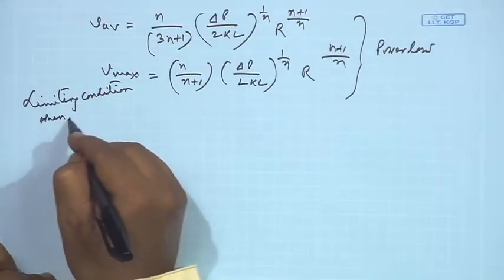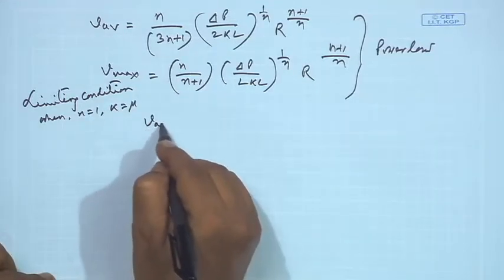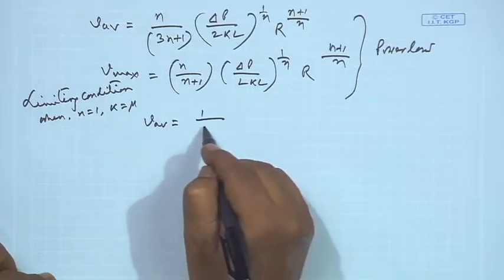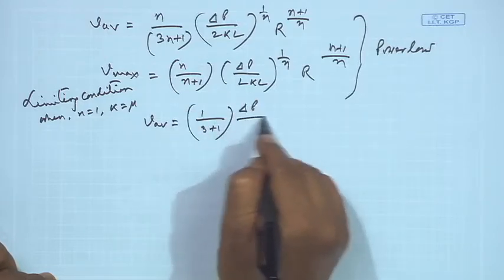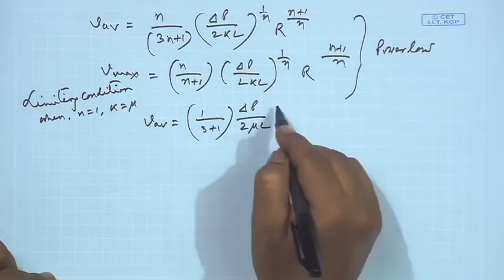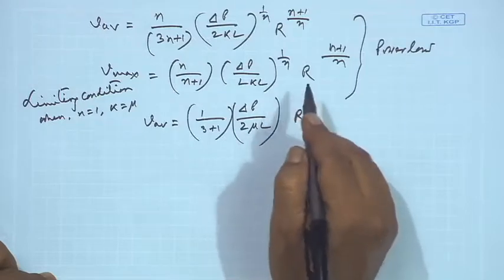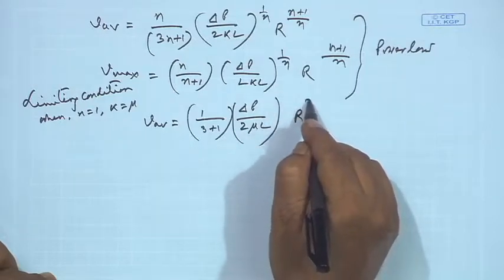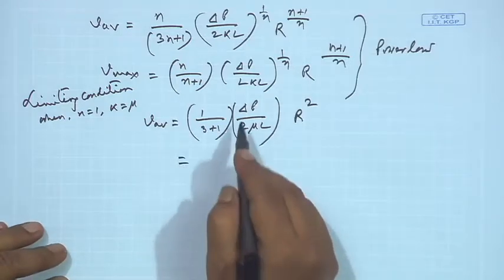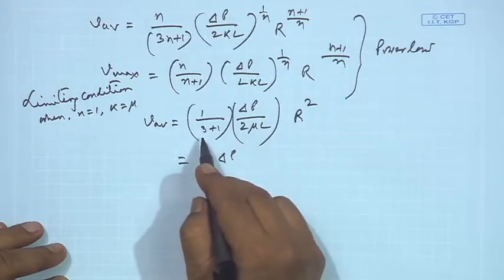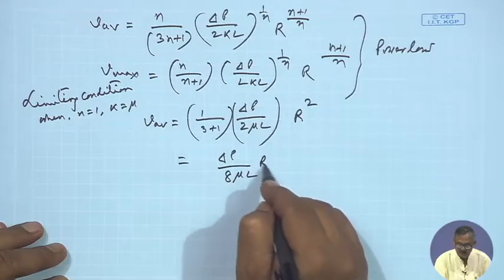when n becomes equal to 1 and k becomes equal to mu, the average velocity is 1 by 3 plus 1, divided by (delta p by 2 mu L) to the power 1 by n, which is 1, r to the power n plus 1 by n, that is 1 plus 1, 2 by 1, r square, right. So, this we can write as delta p by 2 into 3 plus 1, 4, that is 8 mu L, r square, right.